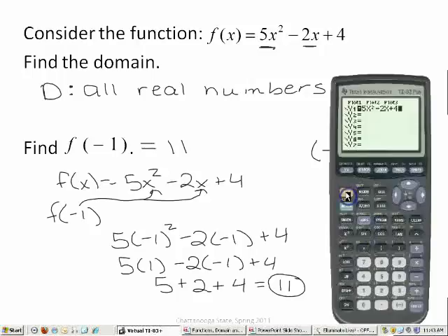If I go to my table, which is second graph, see table written above the word graph, I can use my up and down arrows to find the x of -1, because that's the number I plugged in. And it will calculate the y for that. So I can check my work here. I see that I really did that correctly. I got a y of 11.